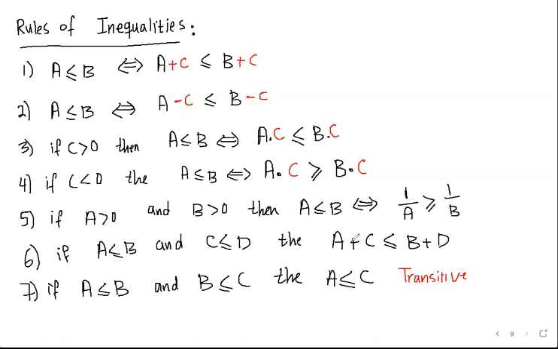Here we are adding two quantities together: we add A to C, we add B to D.